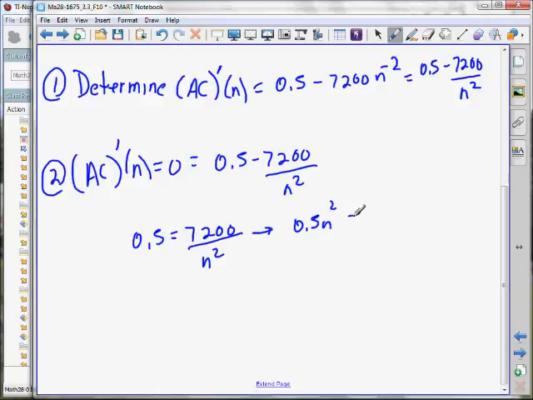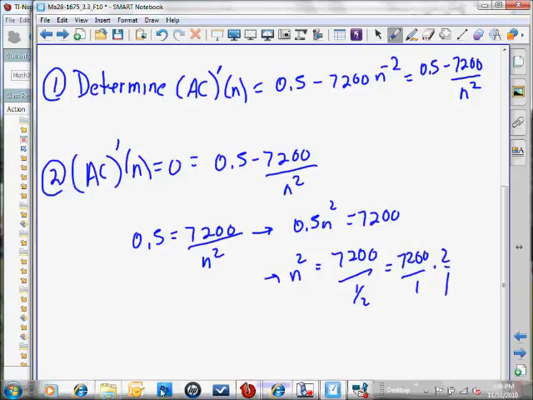Maybe multiplying both sides by n squared. Dividing both sides by, I'm going to change that. You can keep it as 5/10 if you want, but I'm going to make it 1/2 because visually I know that if I have a fraction in the denominator, divide by a fraction is the same thing as multiplying with the reciprocal.